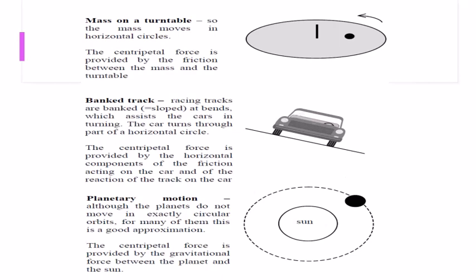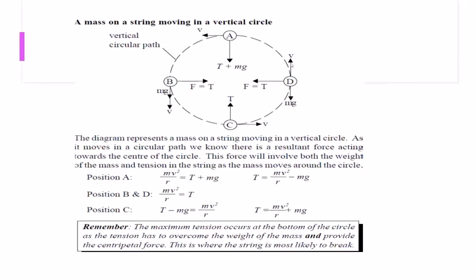So these are some examples which explain the concept that whenever there is a circular motion or a motion in a curved path, the object should have a component of a force which is directed towards the center.